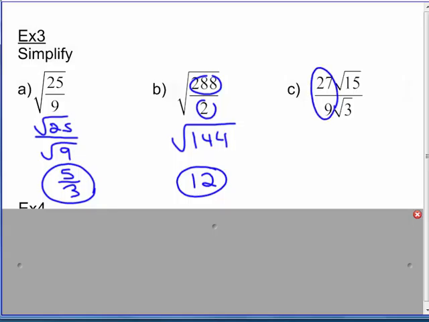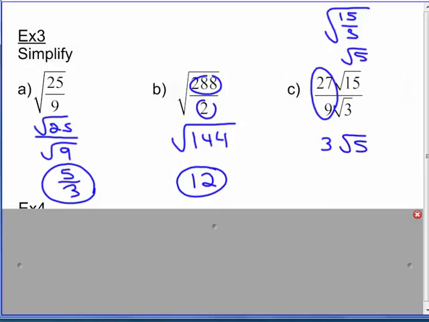And sometimes you may have to do a little bit of both. Here I have 27 over 9, that's going to be 3. And now I could do 15 divided by 3. So 15 over 3, if I put that back together, that's the square root of 5, and I get 3 root 5.